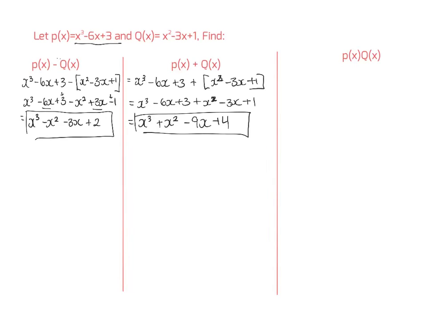Now here, this simply means we're going to times. So we are going to times p of x, which is x cubed minus 6x plus 3, and we're going to times it by x squared minus 3x plus 1.